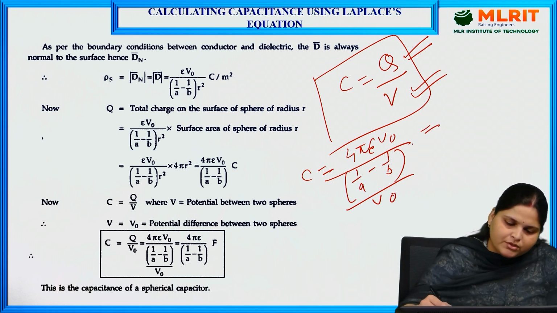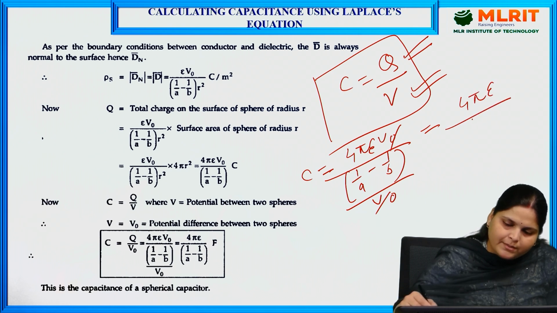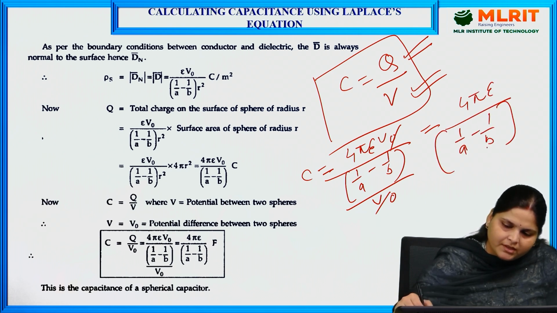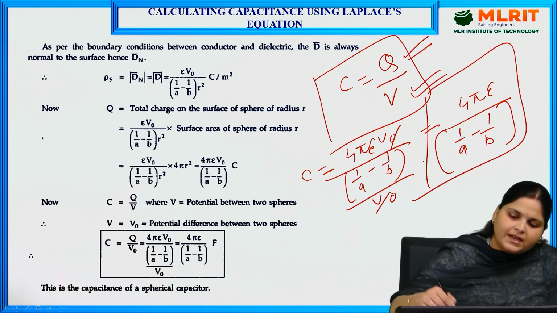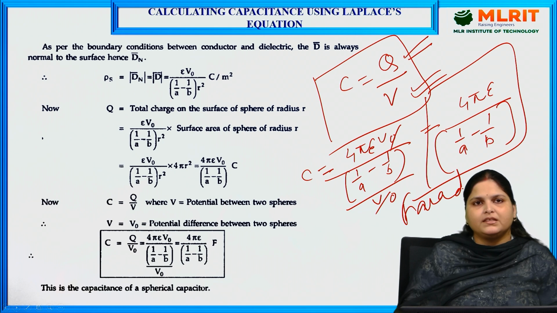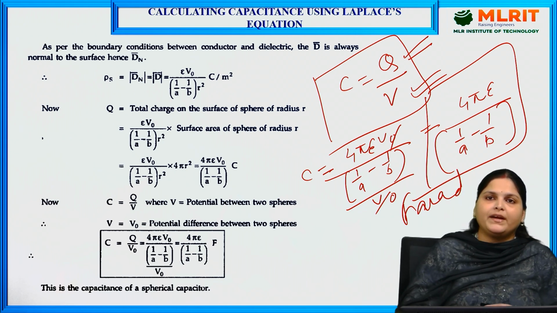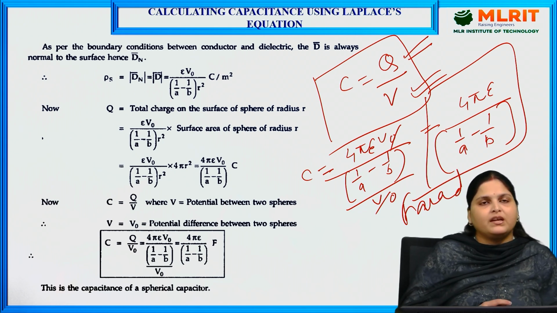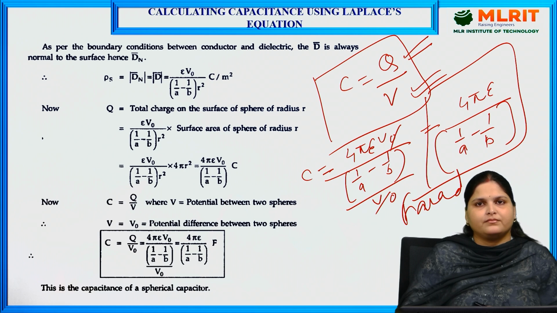On further solving, we get C is equal to 4 pi epsilon upon (1 upon A minus 1 upon B). This is the capacitance, and the unit is farad. That is how we can calculate capacitance by using the Laplace equation.